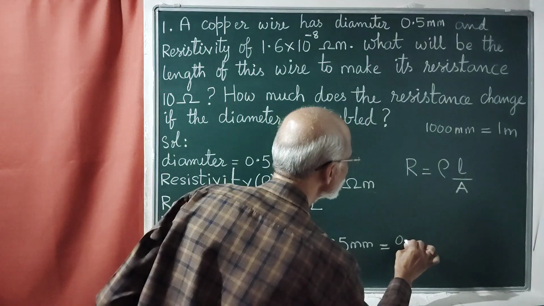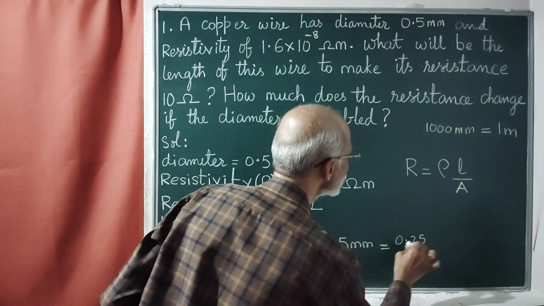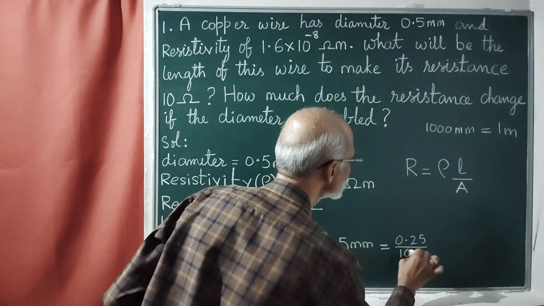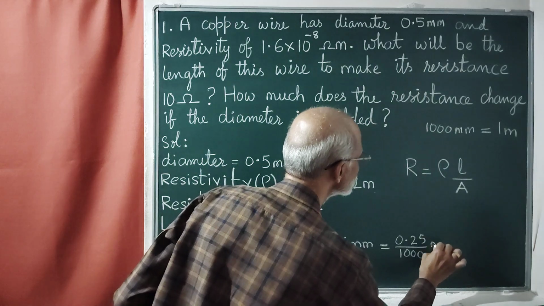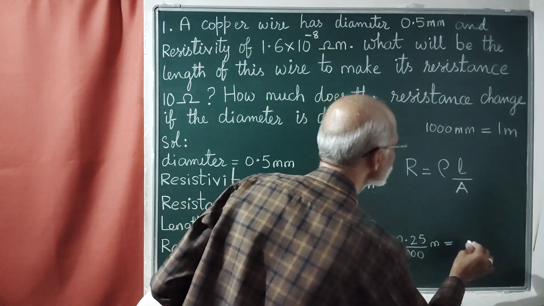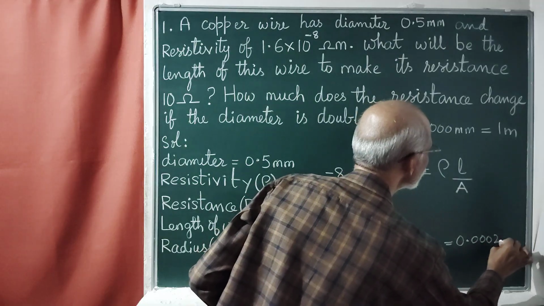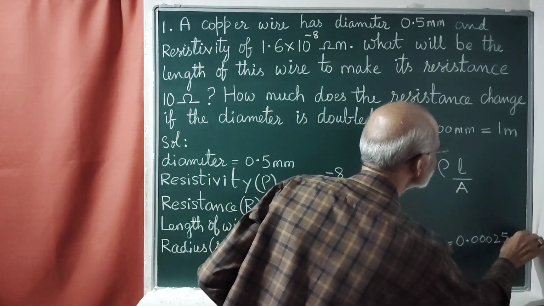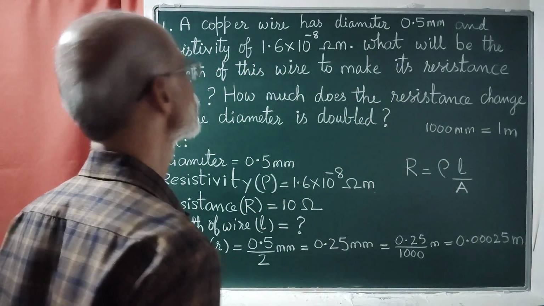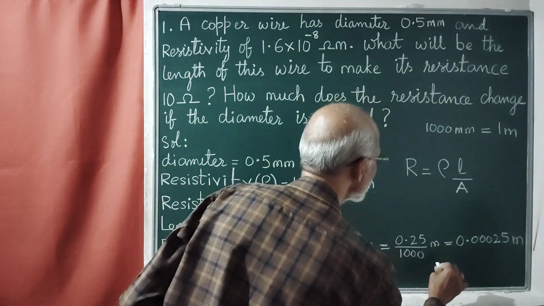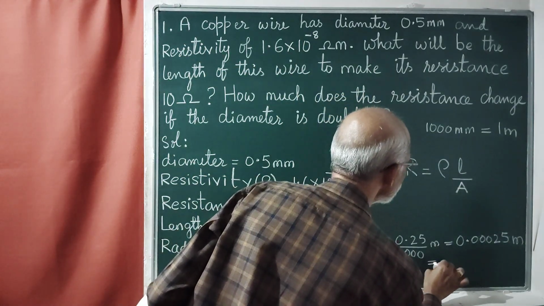So 0.25 divided by 1000 meters will become 0.00025 meters. We will write it in standard form.